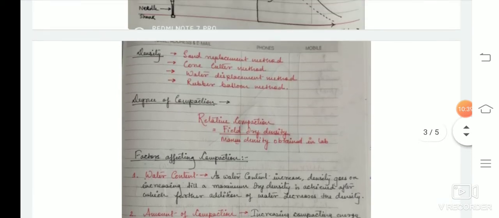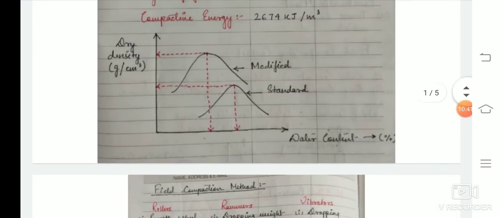It can be easily seen by the laboratory experiment that as the water content is increased, the compacted density goes on increasing till a maximum dry density is achieved, after which further addition of water decreases the density. If we go to this curve, we can see that as the water content increases, we get a certain value of density, and this density goes on increasing till the maximum dry density is achieved.